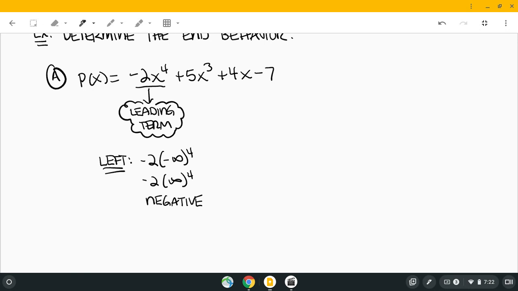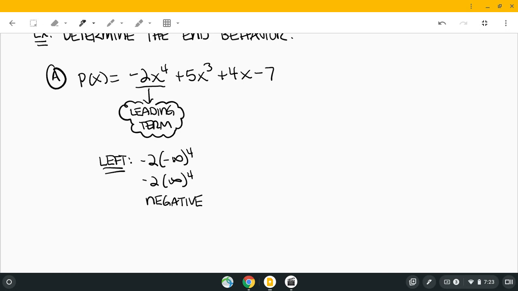And the way we figure out whether we get a negative result or a positive result is by plugging in negative infinity for the left-hand behavior. Again, if negative infinity is too abstract for you, then plug in negative 1 billion. Then see what sort of result you get.